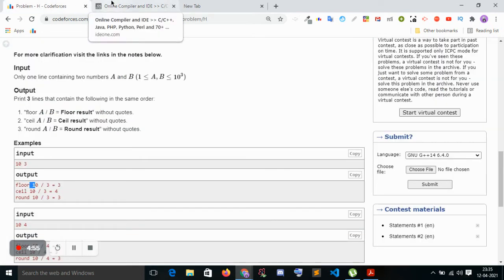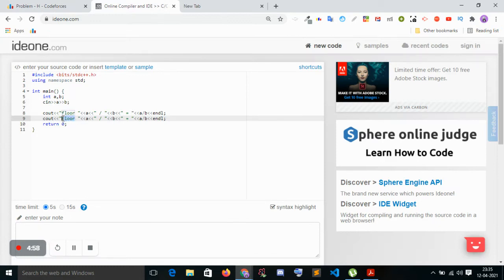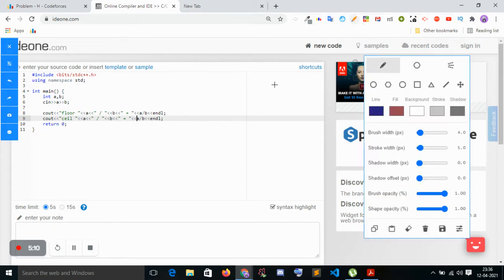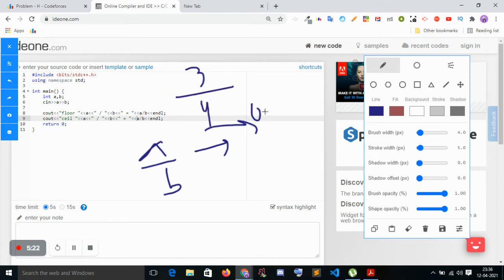Ceil A by B equal to. How do I solve ceil? Let's say A by B with 3 and 4, so you know it is 0.75, and it should give the answer 1.